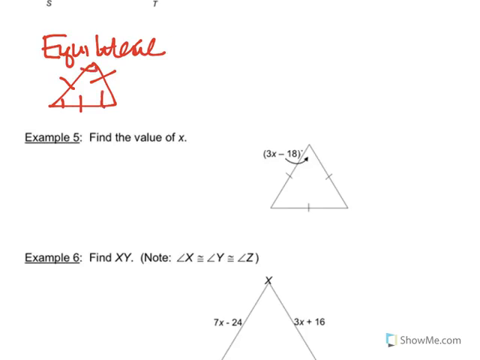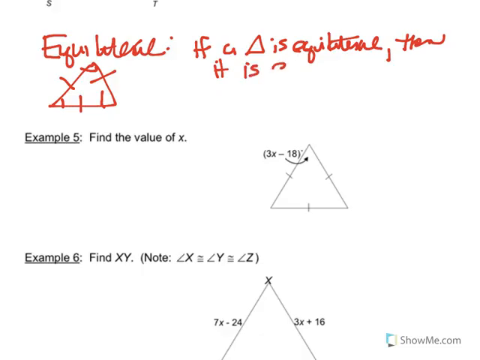We say that if a triangle is equilateral, then it is equiangular.